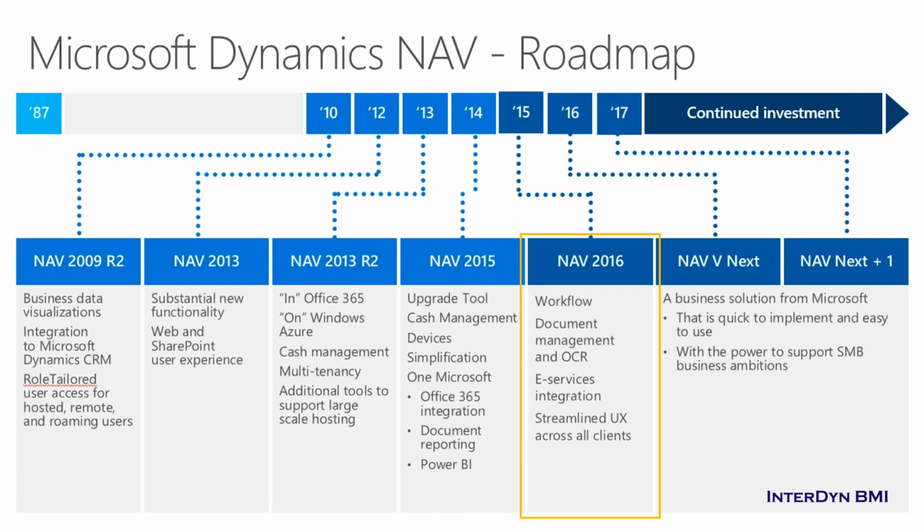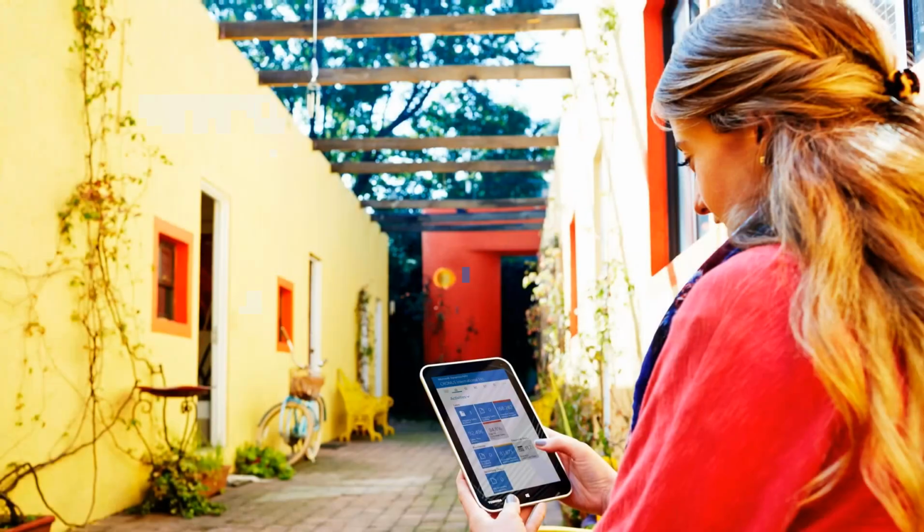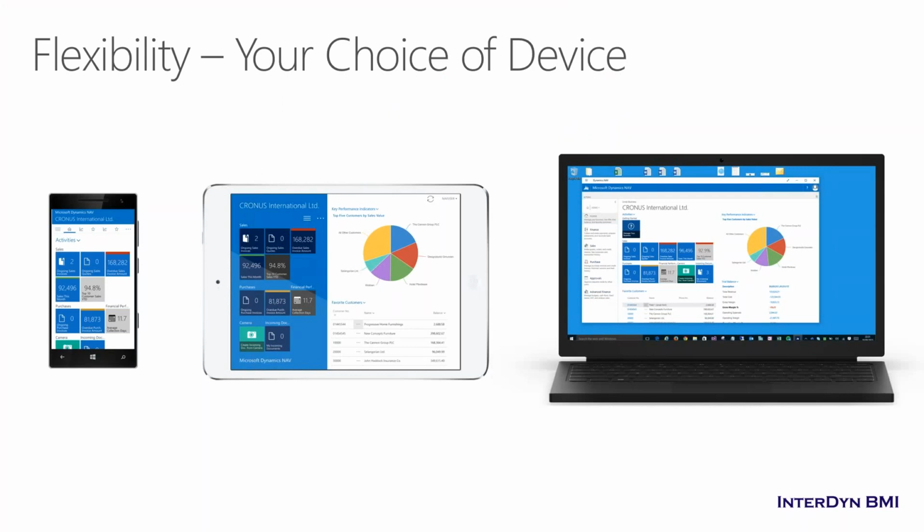So let's quickly take a look at how you can access Dynamics Nav. I've said this a couple of times now, but you're going to be able to do it across a variety of devices. And the beauty of it is you are going to have your same username and password across all 3 devices. And you're not going to be taking up more sessions just because you're signed on your phone and your tablet at the same time, or your tablet or your laptop at the same time.